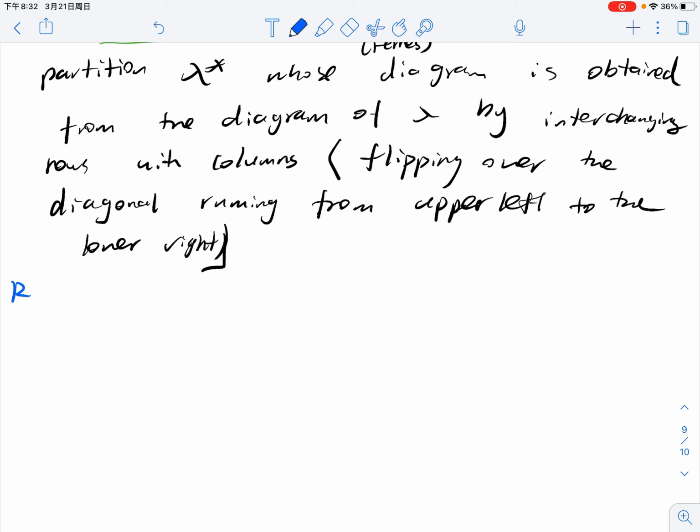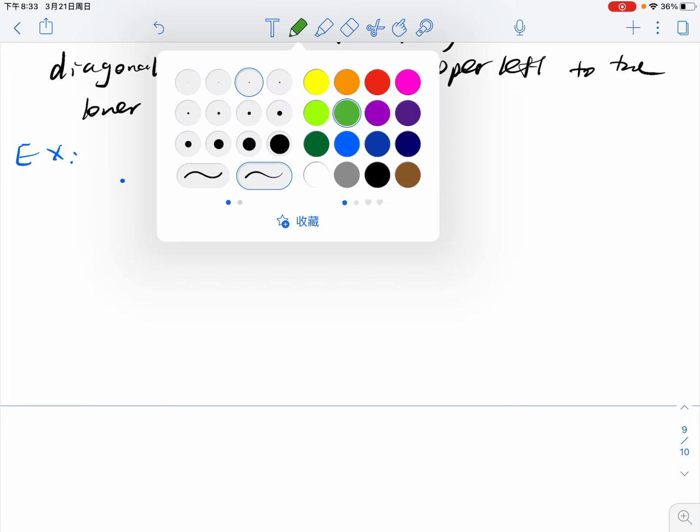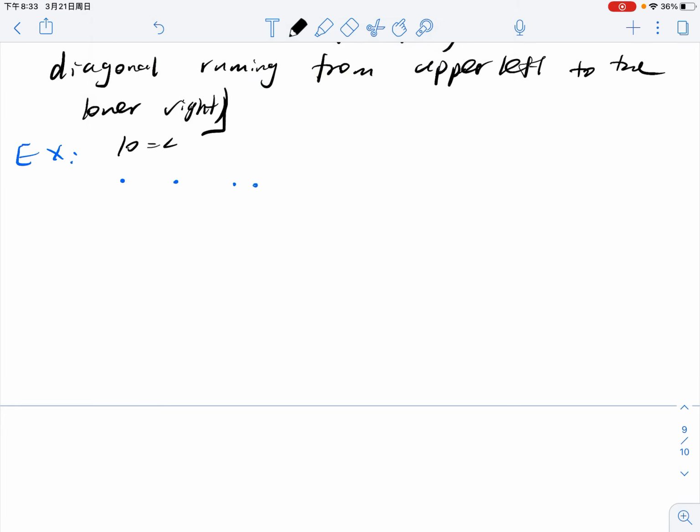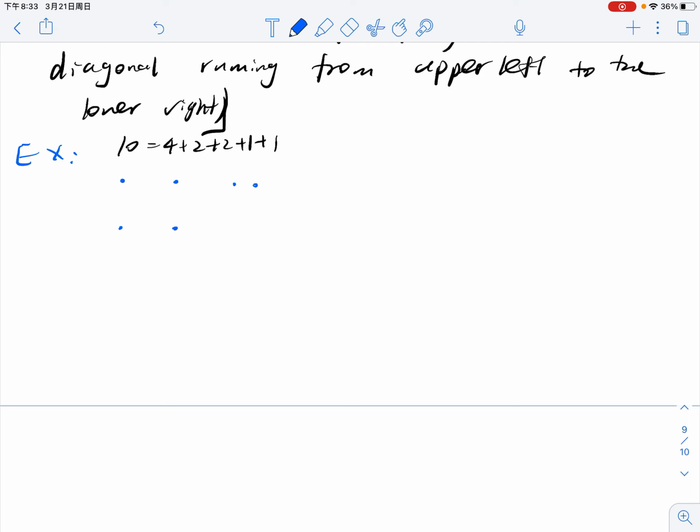So, remark or example. Suppose you have 10 equals 4 plus 2 plus 2 plus 1 plus 1. This is your lambda.